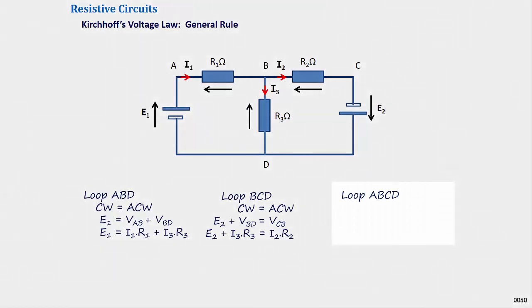Finally, loop ABCD. Clockwise voltages equal anti-clockwise voltages. So E1 plus E2 equals VAB plus VBC. Applying Ohm's law, E1 plus E2 equals I1 times R1 plus I2 times R2.